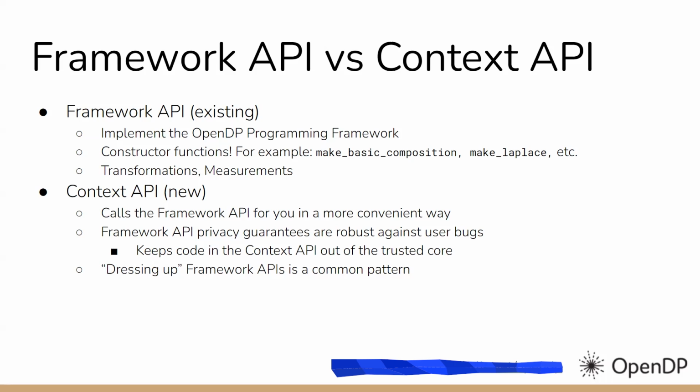Nice thing about the robustness of the framework API is that since it always abides by the guarantees that it gives, it helps to keep the code in the context API and other APIs on top of it out of the trusted core. And you'll notice as we go forward, dressing up framework APIs is going to be a very common pattern.